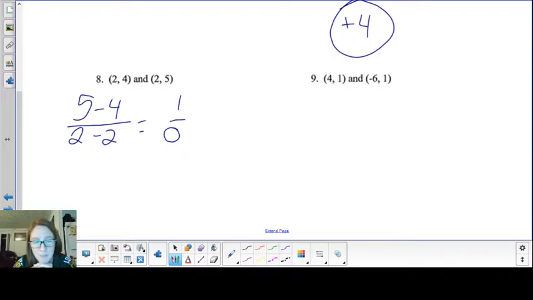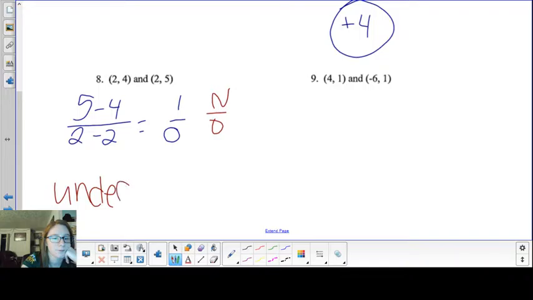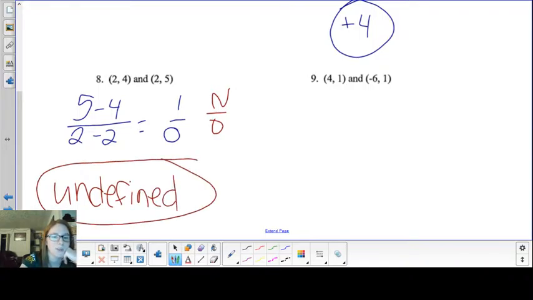If you notice in my classroom, and I think Miss Seitz has one, and I think Mr. Heiss has one, I just don't know where it is, we all have posters that I made last year that tell you what the answer to this is. Can you divide by 0? No. So my answer is undefined. If you ever have 0 in the bottom, it's not a possible thing, so your answer is undefined.